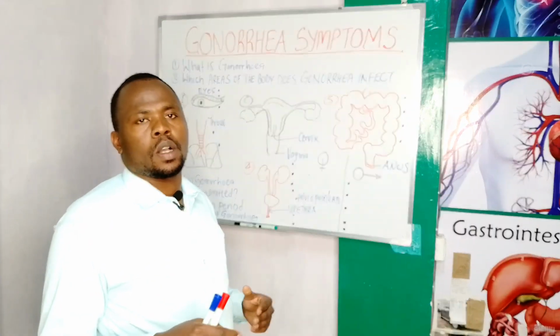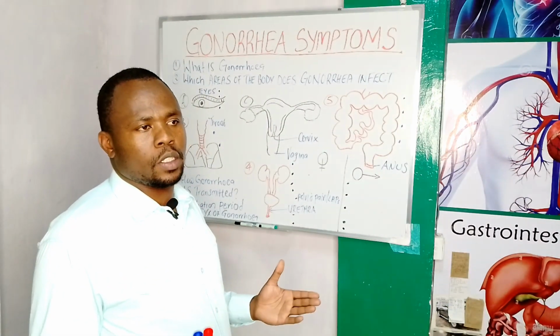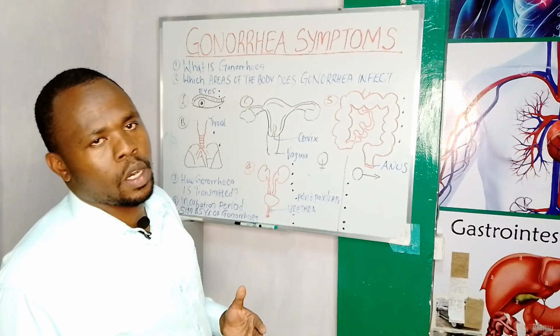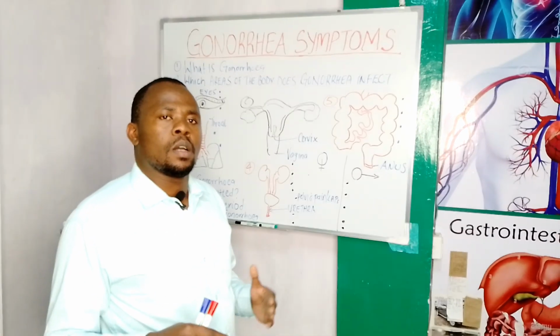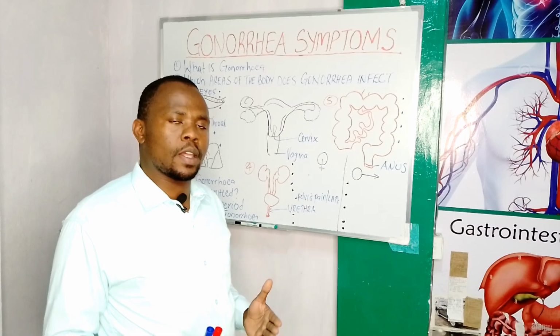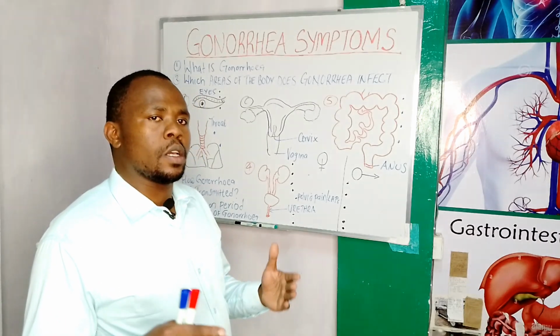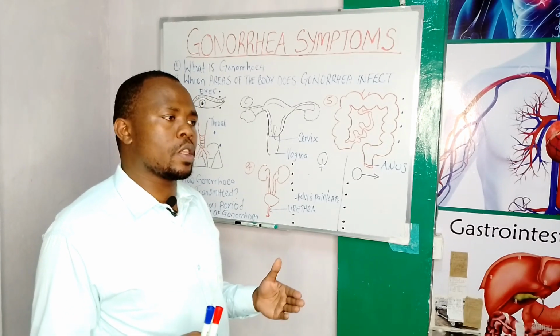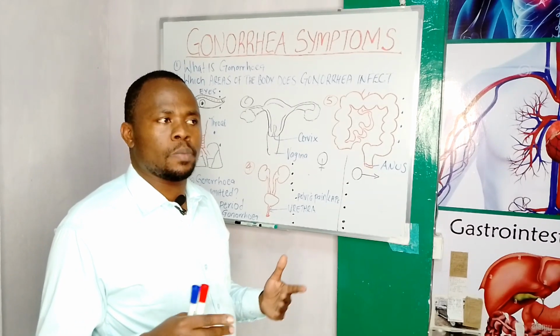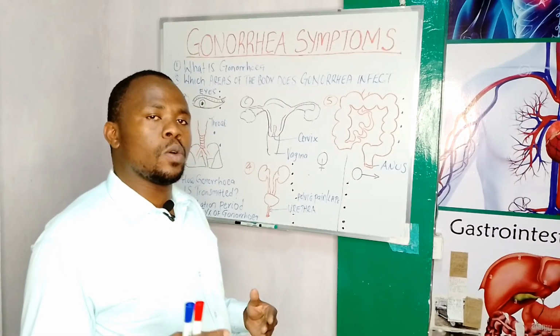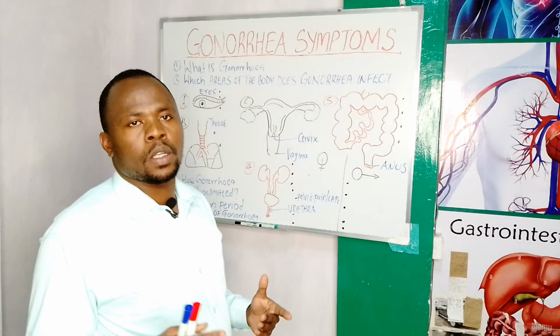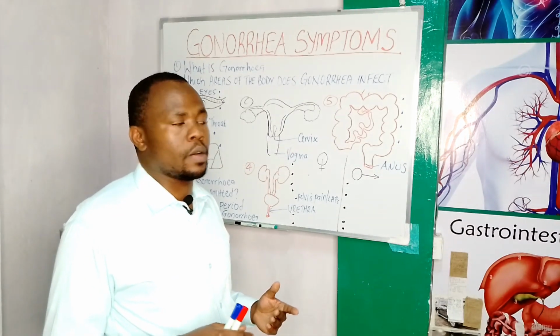Also, gonorrhea can be transmitted through what we call vertical transmission. Vertical transmission is what I have explained, where a pregnant woman infected with gonorrhea is giving birth. When the baby is being delivered, the baby will get infected with gonorrhea.